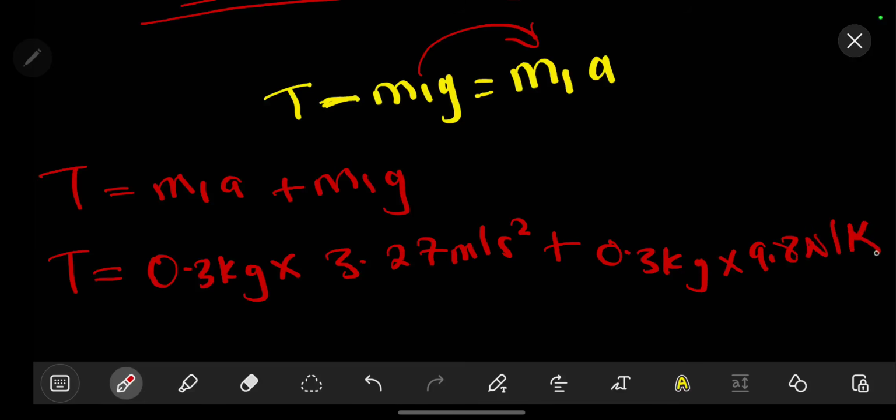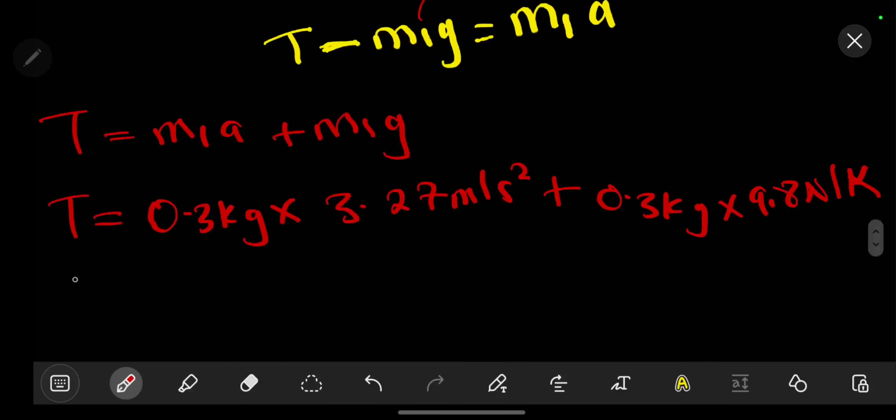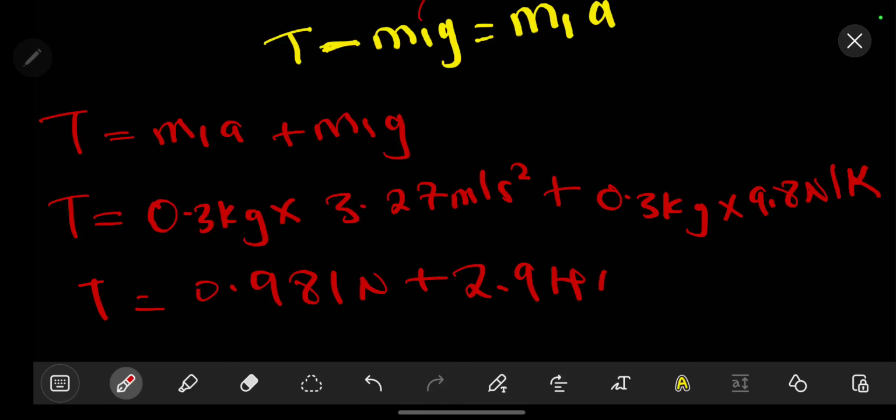So what we are going to have is the tension should be equal to, if we multiply 0.3 times 3.27, we are going to get a value of 0.981 newtons, plus we have 0.3 times 9.8. This is going to give us 2.94 newtons.